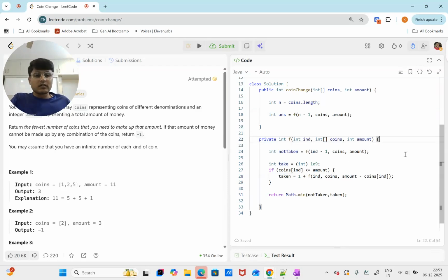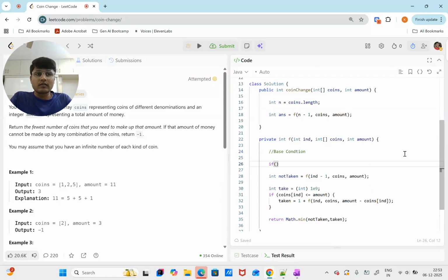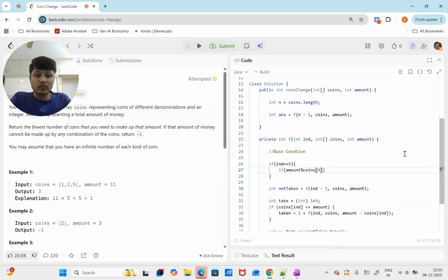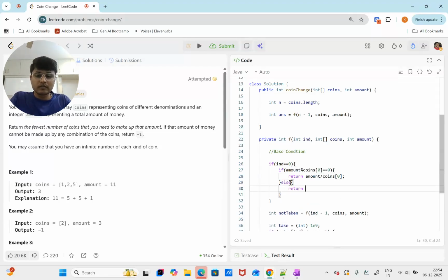Now what is missing here? Base condition. So what will be the base condition in this case? As we are traversing from n-1 to 0, as index becomes equal to 0 and coins at the 0th position is equal, then we can return what is the denomination at that position, else we will return too much big amount.